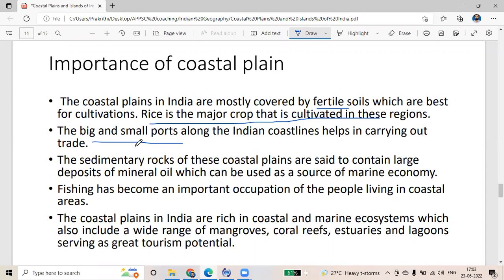When we come to the eastern coast, we have iron or bauxite, which you can see deposited in the coastal plain in Andhra Pradesh and Odisha. So mineral and oil deposits are widely distributed in this coastal plain area. It contributes to the economy and is also useful for the life of the people.